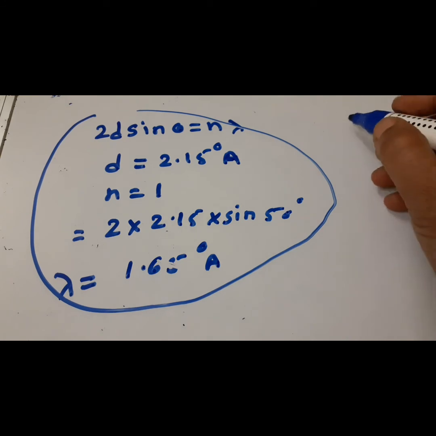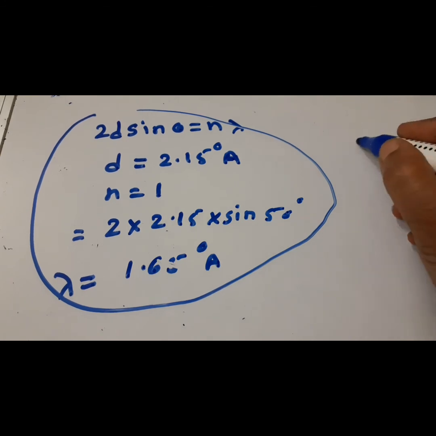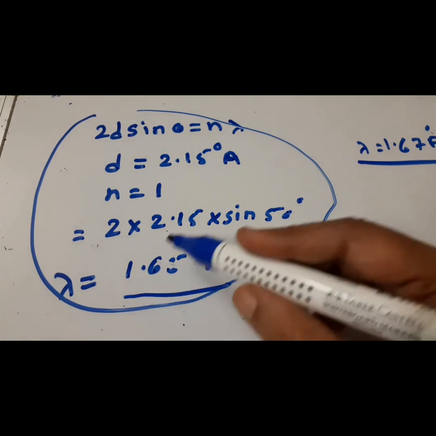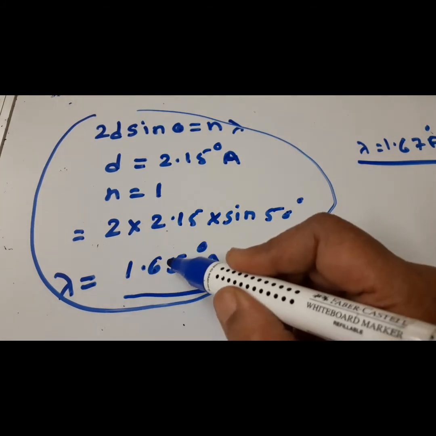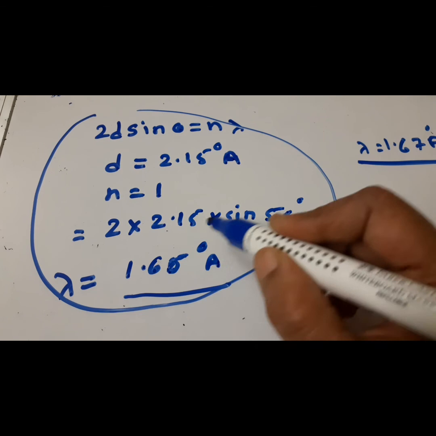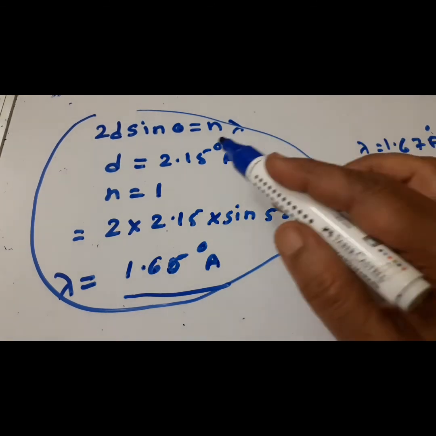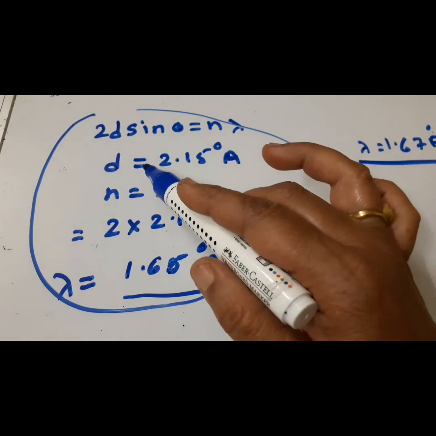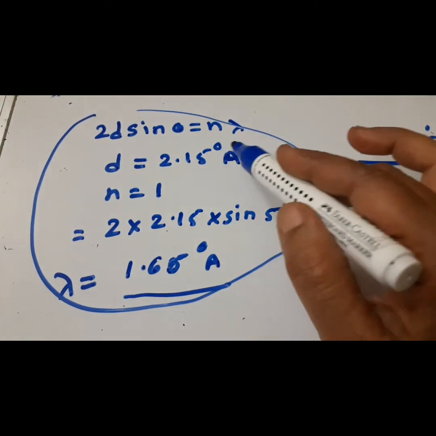we have to calculate. For 54 volt, lambda is equal to 1.67 angstrom unit. Means this is the practical value and this is the theoretical value. Lambda is equal to 1.65 angstrom unit for 50 degree, n is equal to 1 and d is equal to 2.15 angstrom unit.